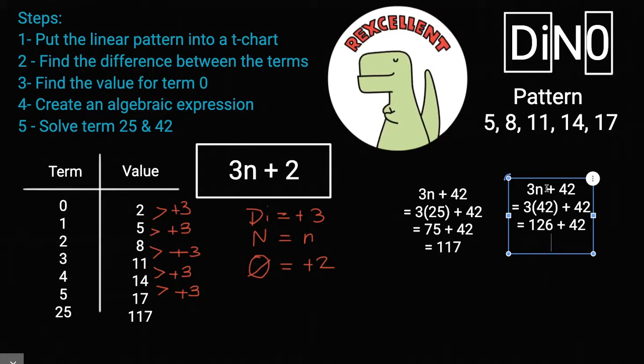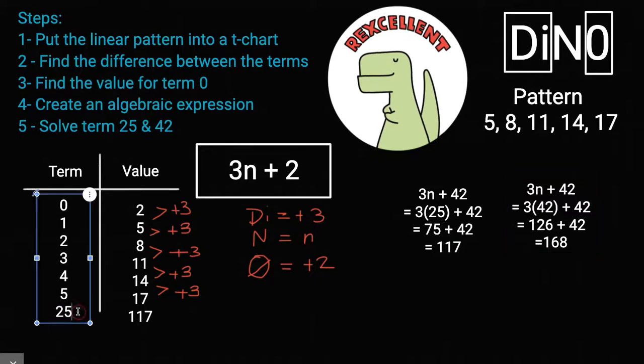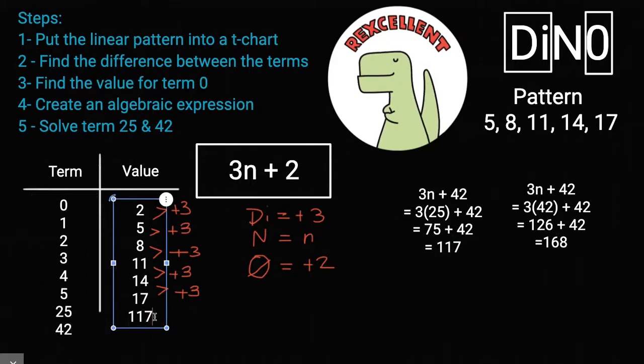So 126 plus 2 is 128. So what that means is on my T-chart, when I have term 42, my value is equal to 128.